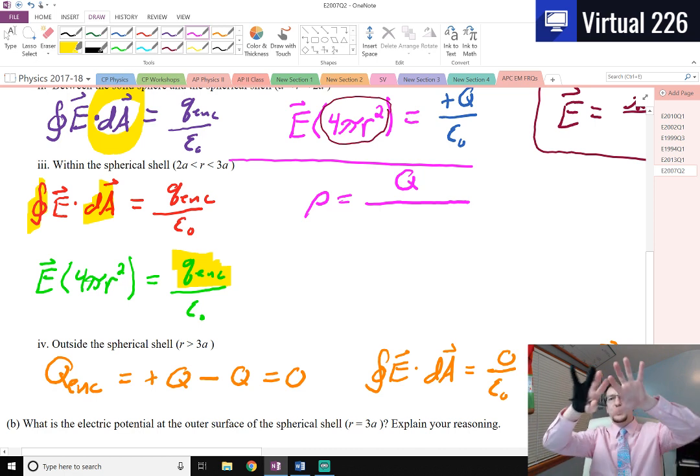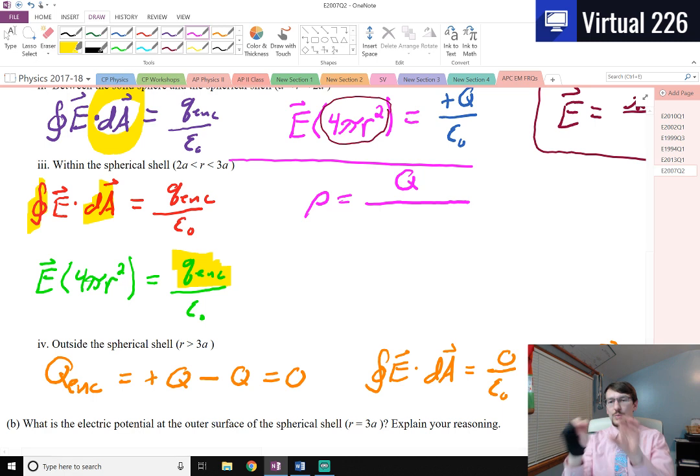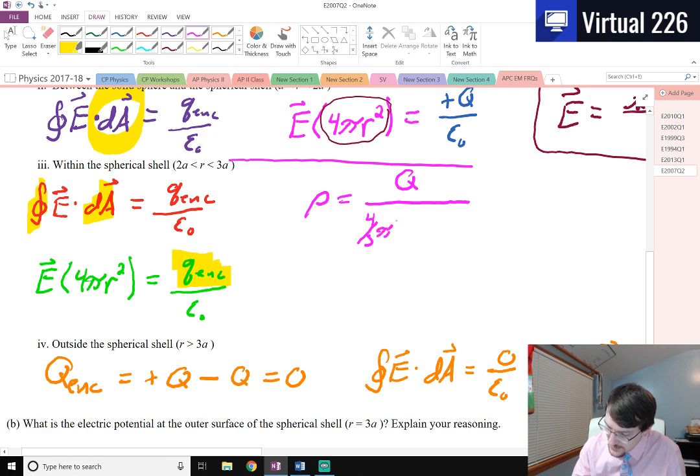Now that outer region is a big sphere with a smaller sphere taken out of it. And the big sphere that we have is the 4/3 pi, and then this is (3a) cubed. Notice I've put the 3a in parentheses because it's 3 times that radius a, and we're cubing that.